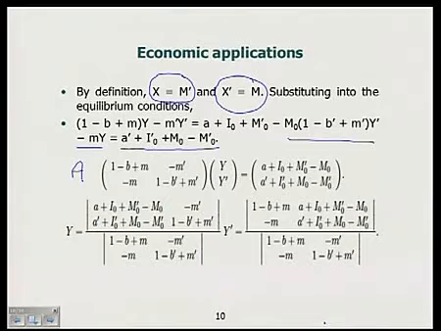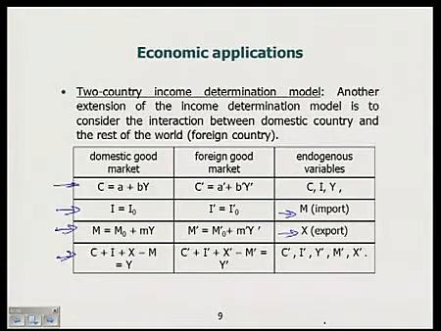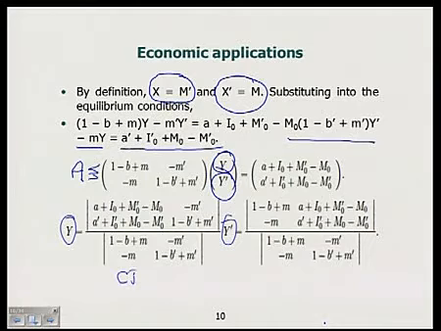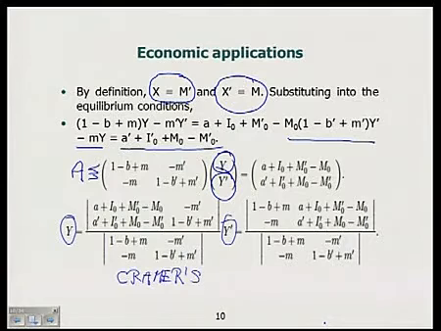This is the matrix, always the matrix A, with all the coefficients of our variables. In this case, the variables are Y and Y prime. For the domestic goods market, capital Y, and for the foreign goods market, capital Y prime. These are the coefficients. Then we always use matrix determinant and Cramer's rule to evaluate capital Y prime.